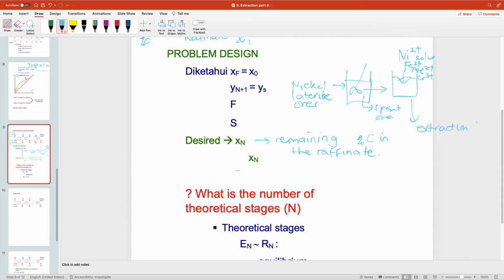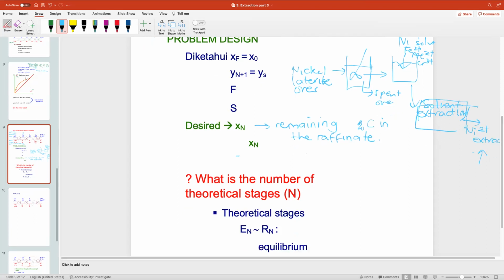In this extraction, which we call solvent extraction, we contact the nickel, so then we can get the nickel in the extract, which has a higher composition, lebih pekat, ya, is more concentrated, and then we can leave out the raffinate, which is the acid plus low nickel plus the iron and aluminum and so on, and chrome.